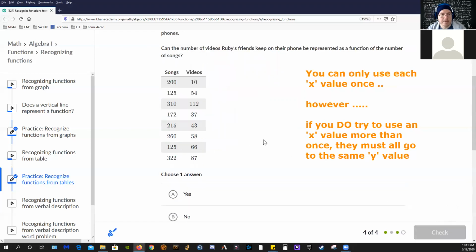Can the number of videos Ruby's friends keep in their phone be represented as a function of the number of songs? So videos as a function of songs. $200, $125. So first I'm going to check and see if any of the x values overlap. $200, $125, $310, $172, $215, $260, $120.